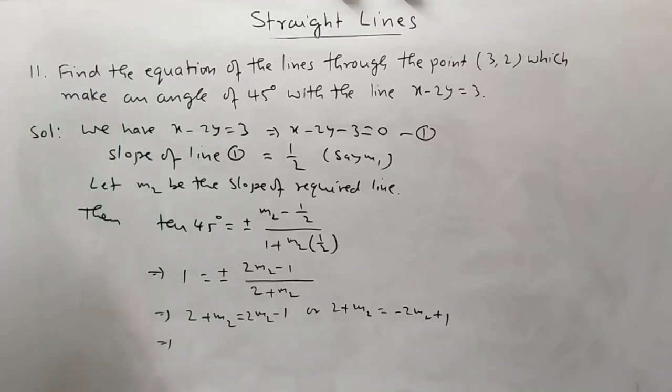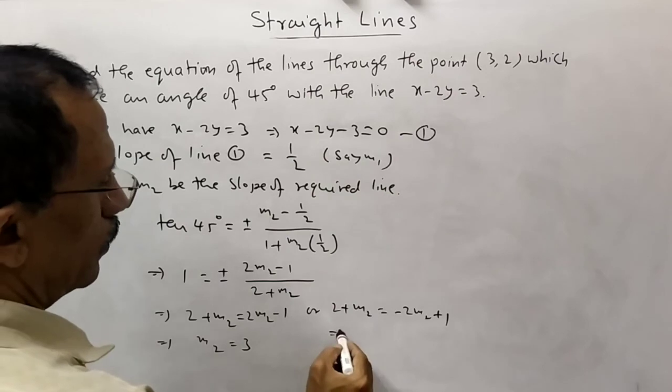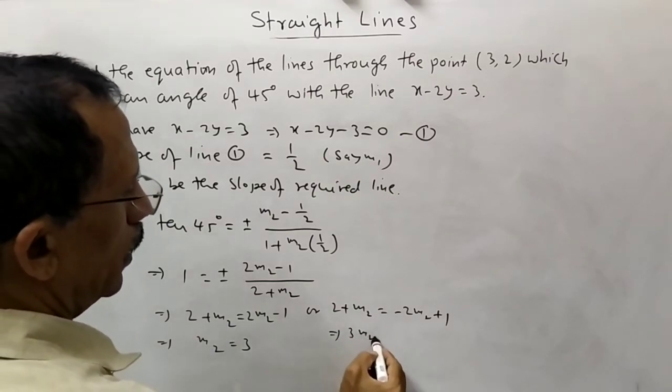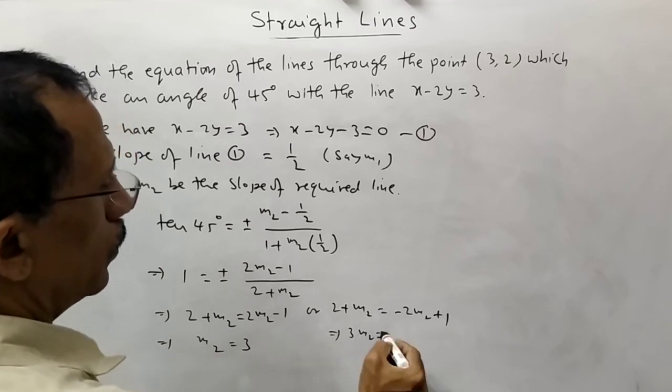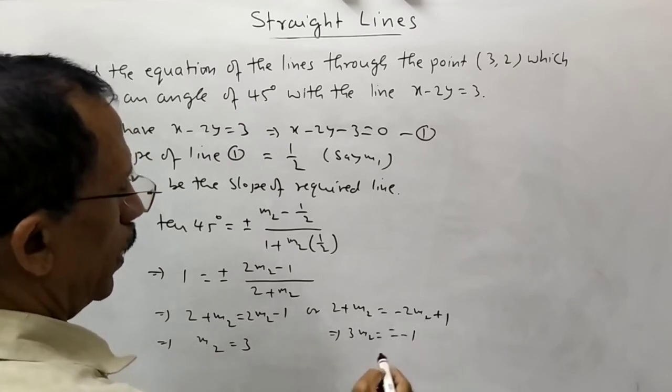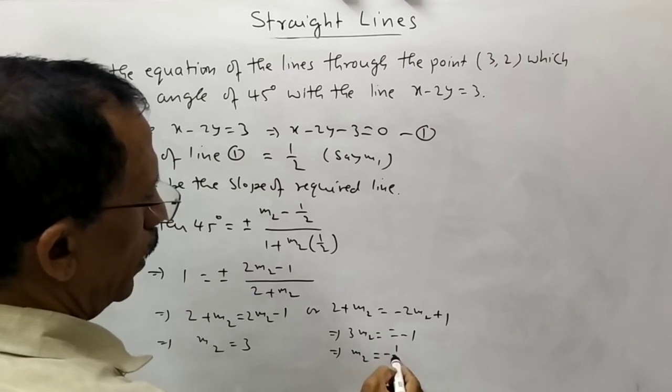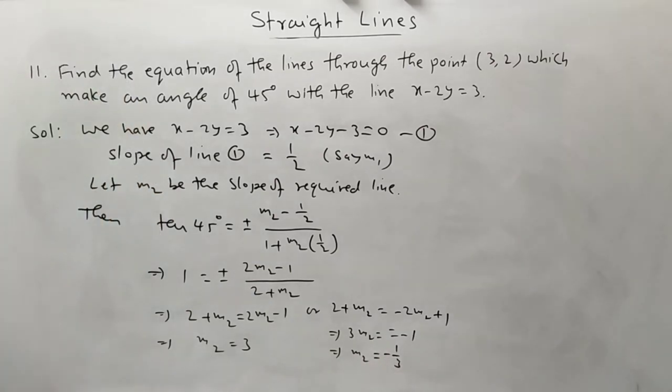Let us simplify separately. m2 is equal to 3. This implies 3m2 is equal to minus 1. This implies m2 is equal to minus 1 by 3.